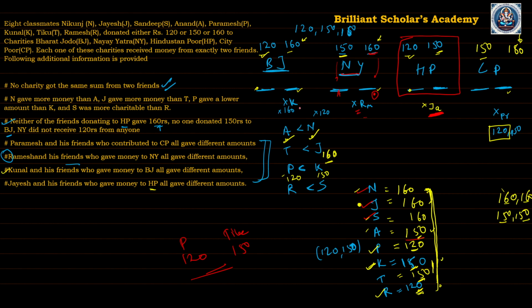These methods should come intuitively. Now, if you are still using the tabular method, the boring method by writing their name first, then their charity first, then their amount, I can assure you, you will not be able to solve this set under 15 minutes. Tabular method is dead. Stop using the tabular method.